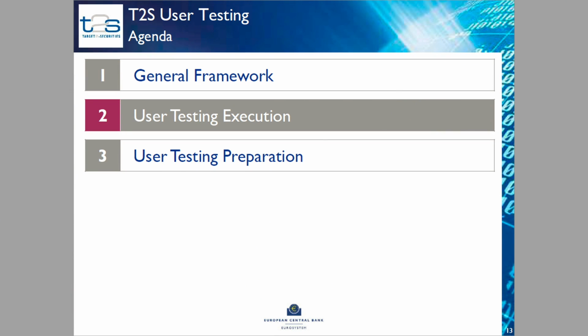Also, if even two CSDs would like to agree something and don't know exactly whether it will fit into the context of user testing at this specific point in time, they can turn to this team and find out whether it will work or not. So this is about the general framework. Before moving to the user testing execution phase, are there any questions?